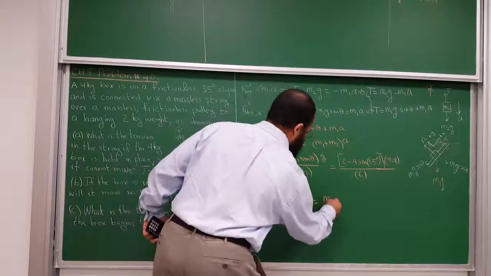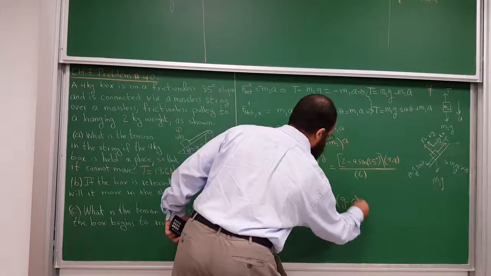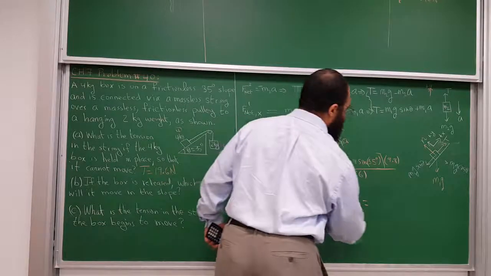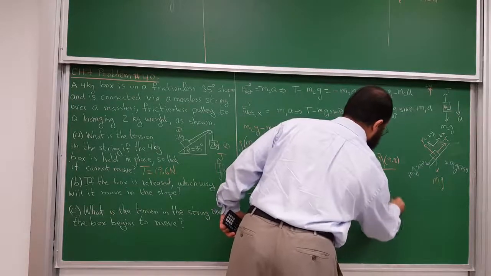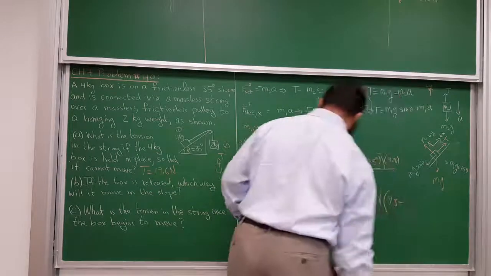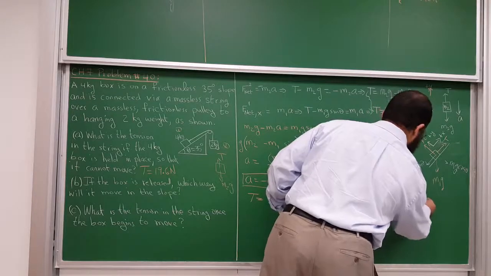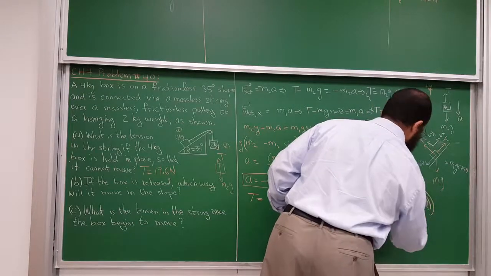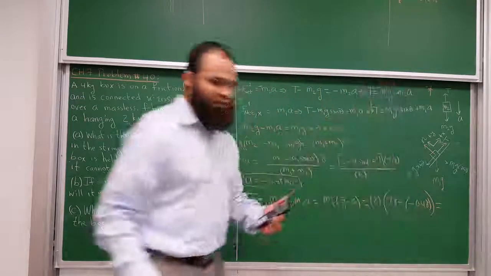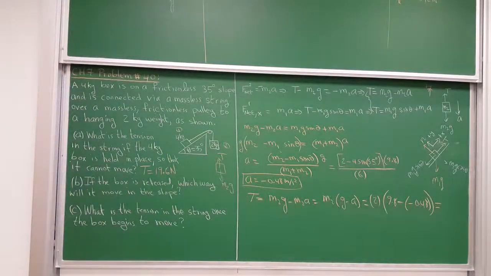And so that will be m2 times (g minus a). And you plug in the numbers. m2 is 2 kilograms. g is 9.8 minus the acceleration, which is minus 0.48. Notice the minus minus, so it becomes a plus. And the tension will be 21 newtons.